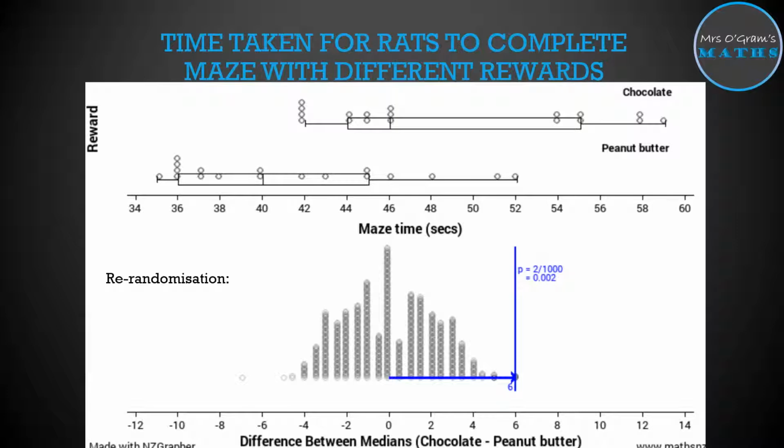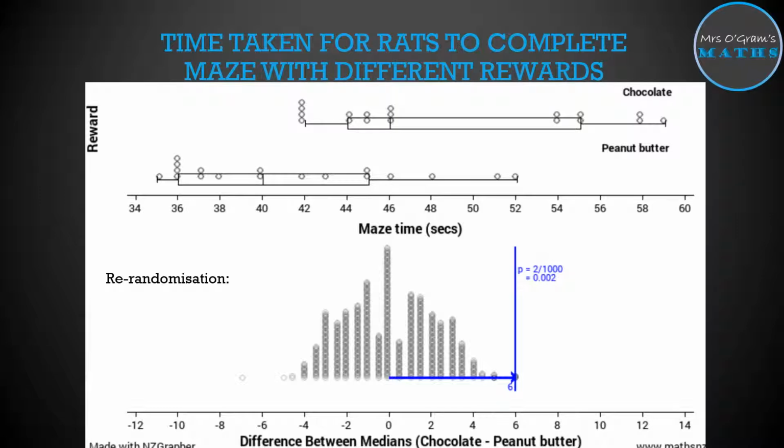What's happened here is we've put all of the maze completion times back into one pot. You randomly pick out those and you assign them to having the label of chocolate and peanut butter, and then you work out the difference between the medians of those two groups, and you plot it down here on the dot plot below. So you do that 1,000 times and you build up these dots into a distribution.